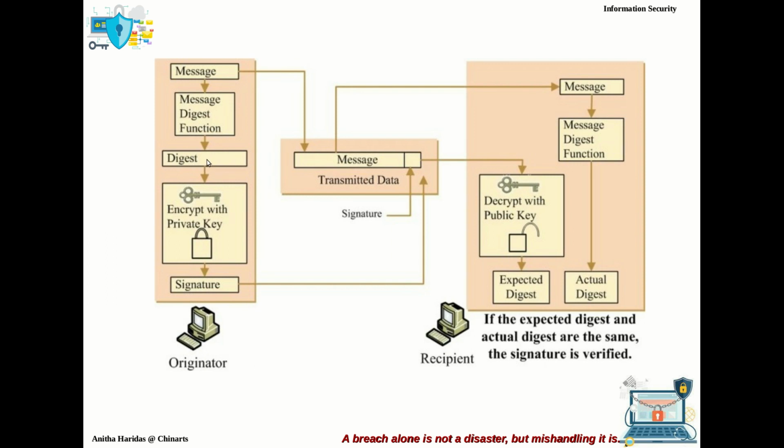Because message digest is the input you give for the encryption process, obviously the decryption process must generate the message digest itself. Now the receiver will check whether this expected digest and the actual digest are the same. If it is the same, the message will be accepted, otherwise the message will be deleted.